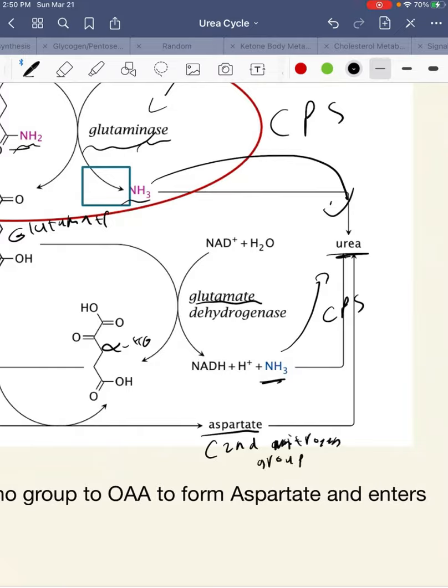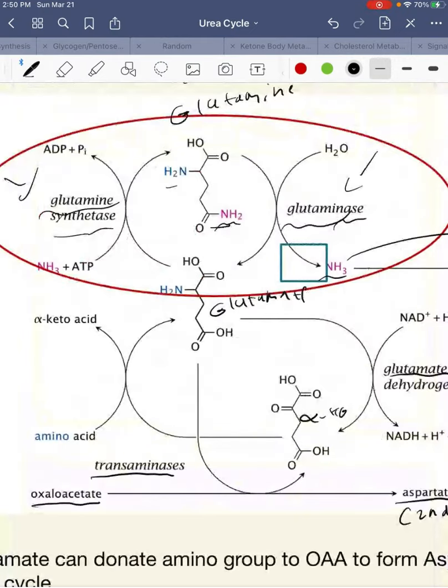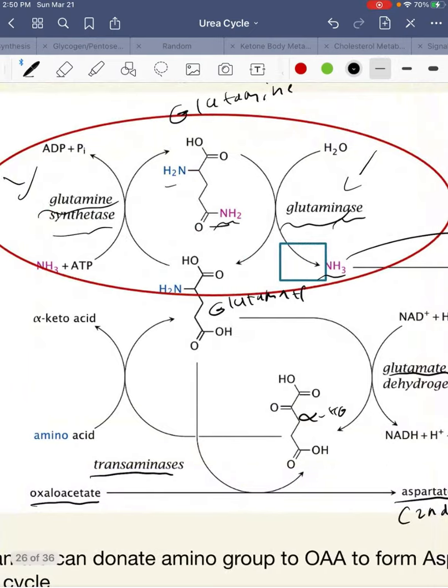I don't know why that was so hard to say. So it gives us the second nitrogen group in urea, which can then be run through the urea cycle to eventually be converted to urea and then excreted. Okay, and then alpha ketoglutarate can be converted back to glutamate. So this is a transaminase reaction.